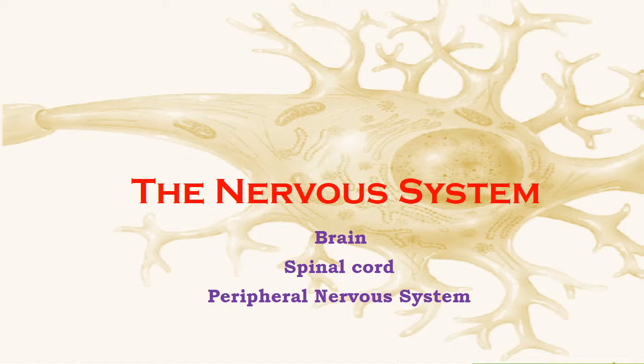Now you all are aware about what is going around us and what is happening inside the body. So who keeps all of us informed about the happenings? That is the nervous system.